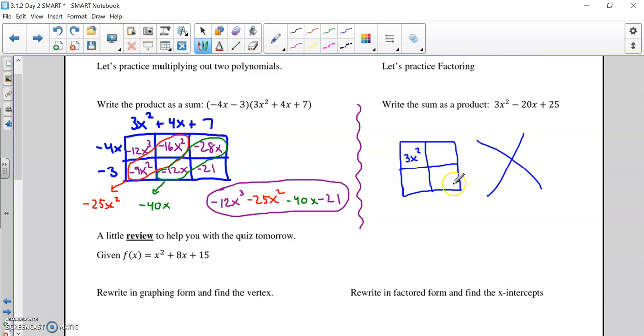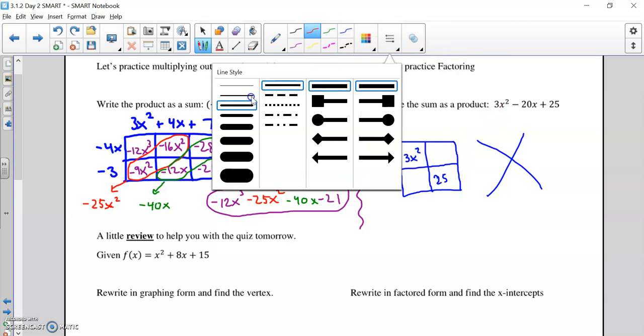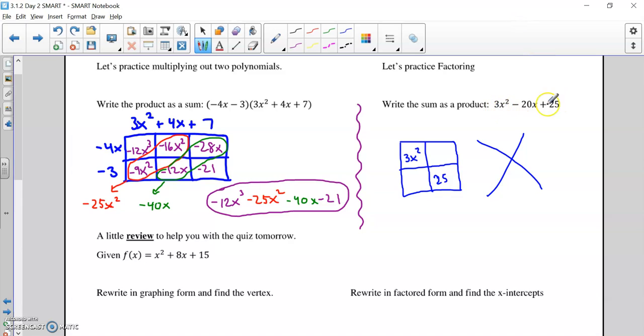Third term goes in the bottom right. And now we can fill in the diamond. We know that first times third term multiplied gives us the top. So this is going to be 75x squared up here. And then middle term goes in the bottom.